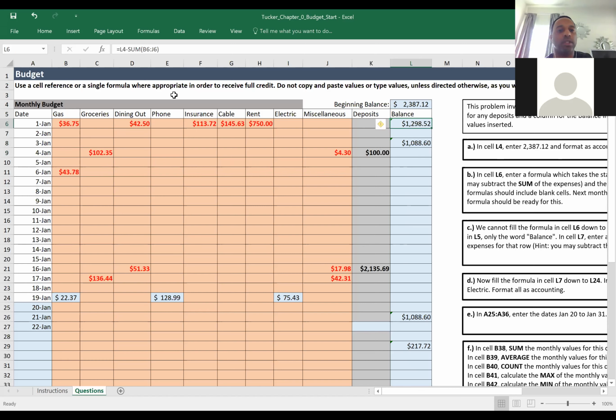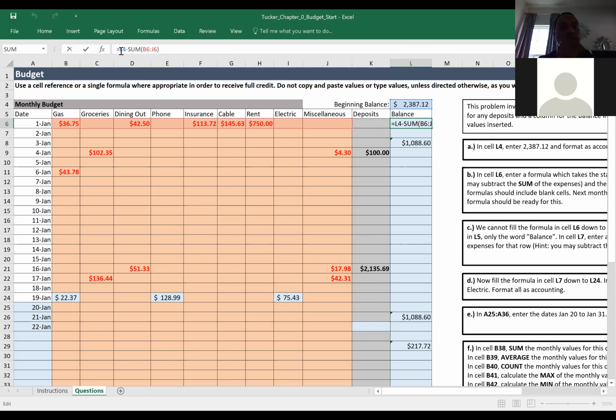What I did was, well, at first I didn't know exactly how to do it. I knew somewhat how to do it. So I just Googled how to subtract in Excel, and it told you all you had to do is use the minus sign. So if all I wanted to do was L4 minus L5, I could do that with no problem. But I wanted to subtract the sum of what was going on in row 6.